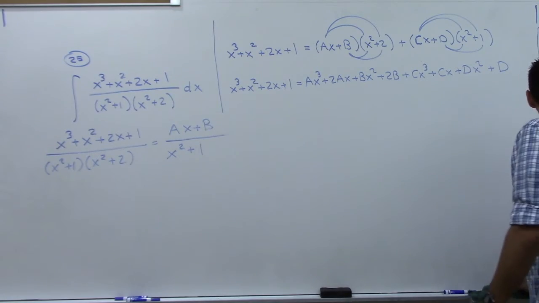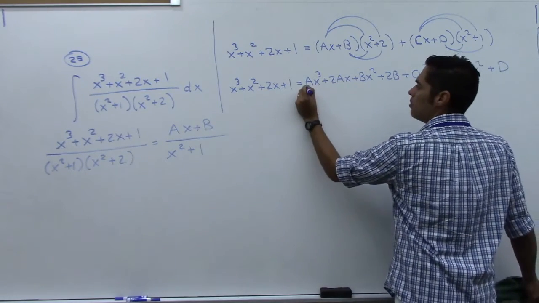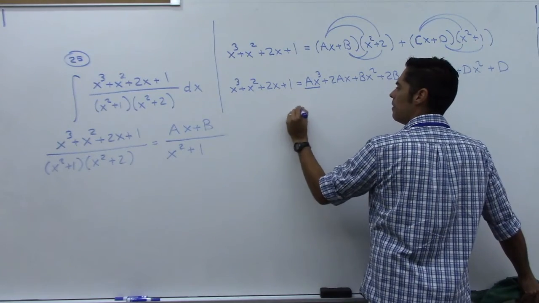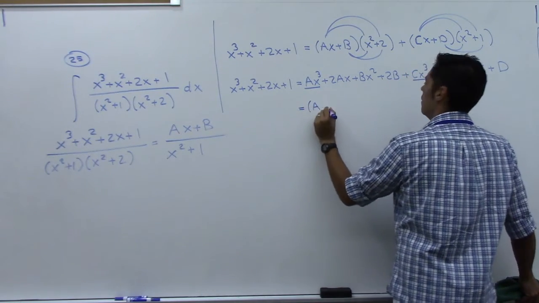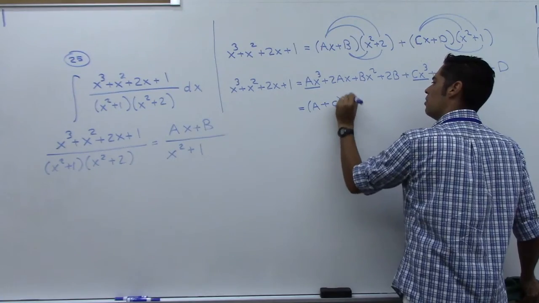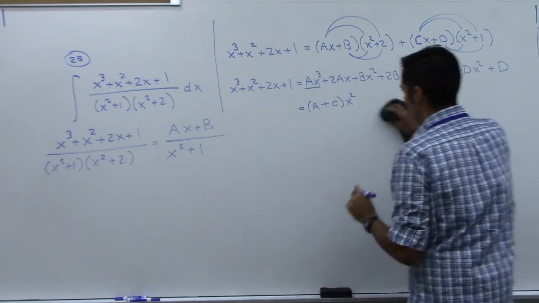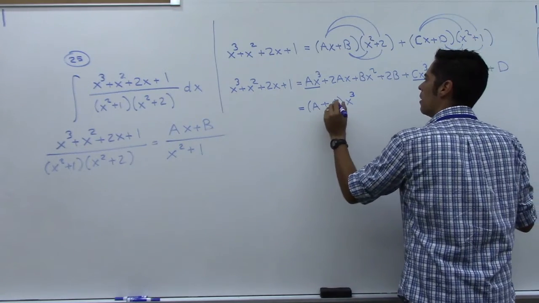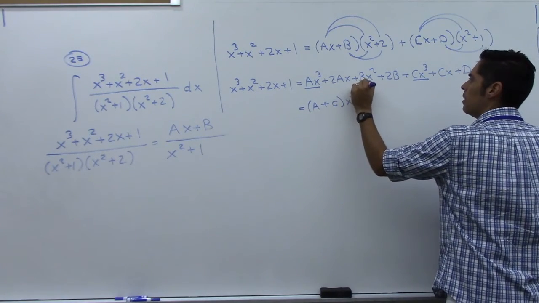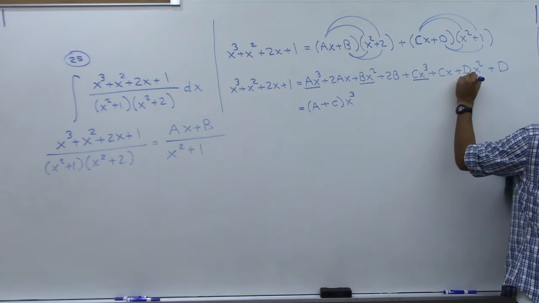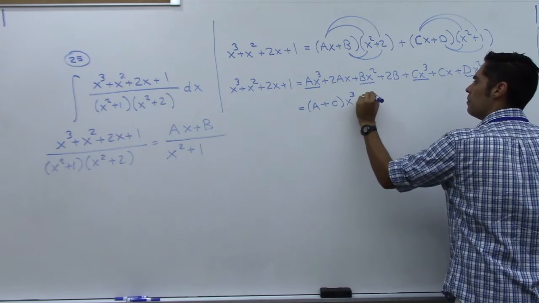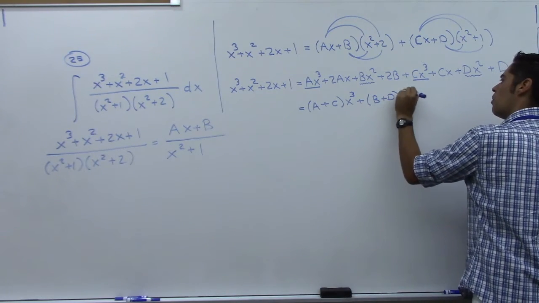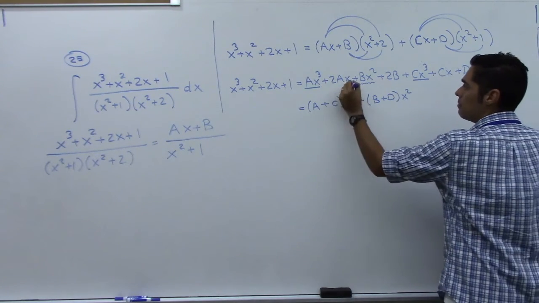Let's get like terms together. X cubes here and here, that's it. So I will have (a plus c) x cubed. Not x squared, I wrote x squared by mistake. Okay, x squared terms. Here's an x squared, here's an x squared. So plus (b plus d) x squared. All right, x terms.